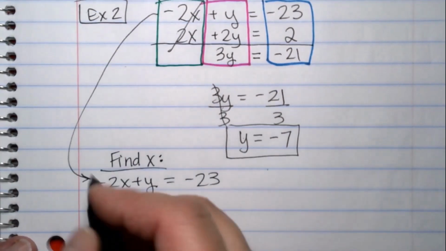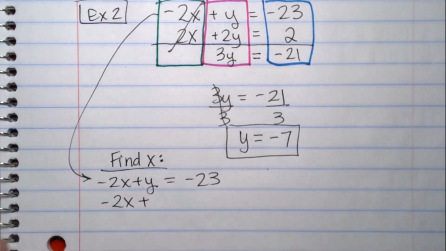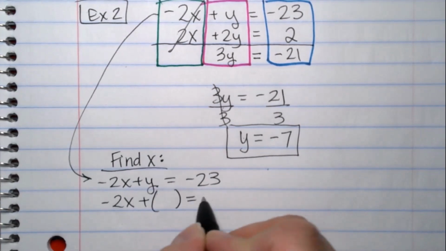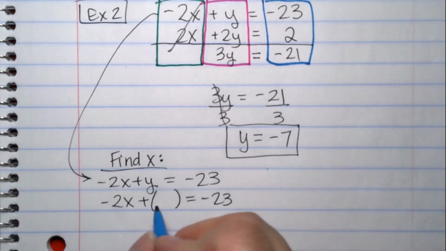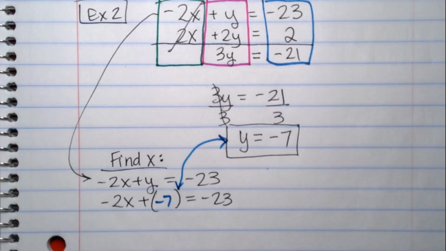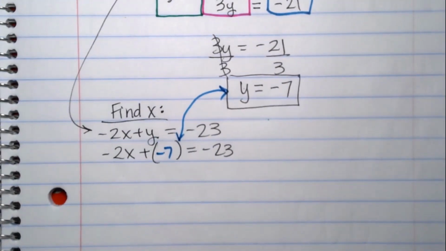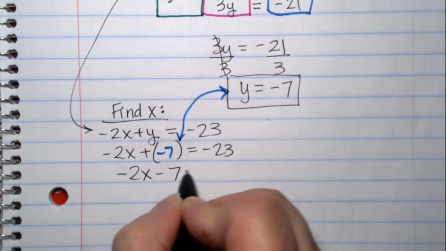So I know I got to solve for x. I know that I am adding a y. I'll put that in here in a second. Okay, my y is negative 7, which came from right there. Plus negative is weird. Plus, I have a minus 2x minus 7 equals negative 23.